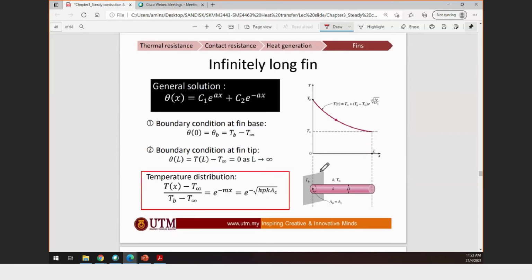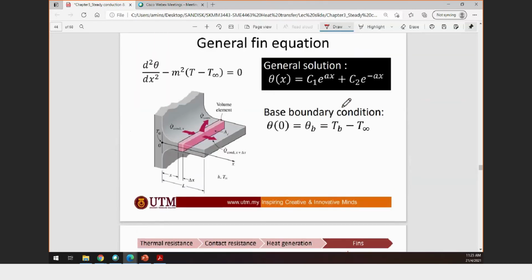Firstly, we go to the infinitely long fin. Using this equation, we solve it with a two-stage integration, then you will get this general solution.